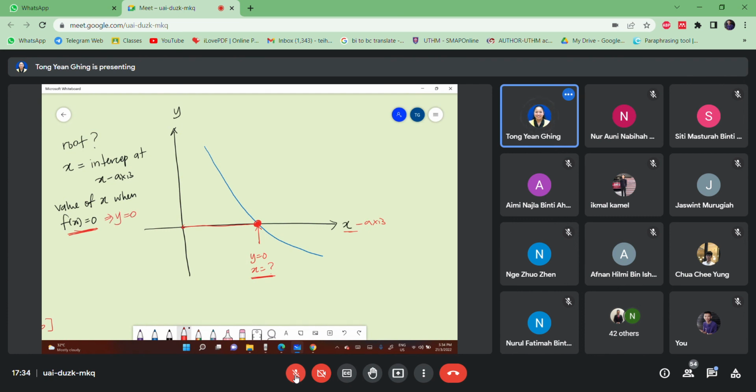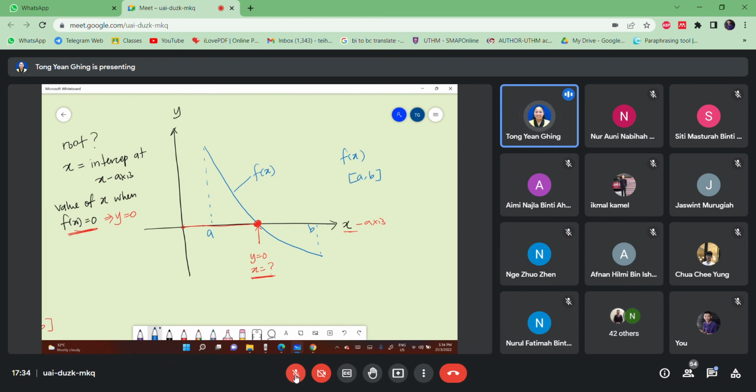Let's say we have this graph from a to b. This is the interval from a to b. This graph is from a to b, this f(x).